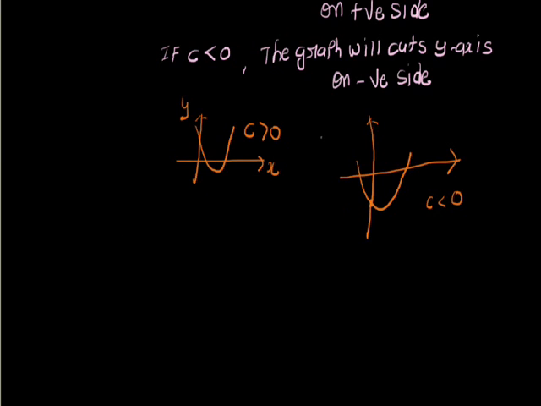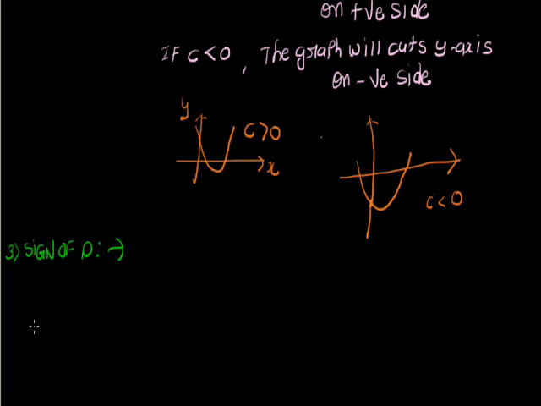Now we come to the next parameter, how the graph of the quadratic polynomial depends on the sign of d. We look at three cases mainly.